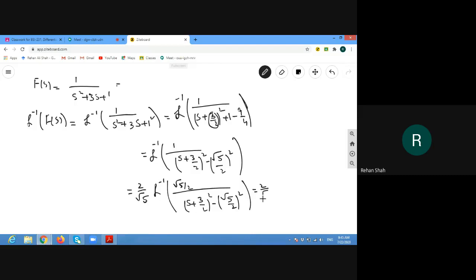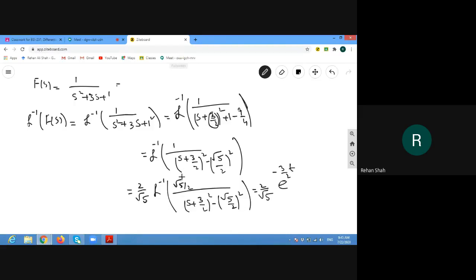So 2 by square root 5, what is the formula of this e power minus 3/2 t? ये किसका है, साइन का है या कॉस का, हाइपरबोलिक का है ना. जब s माइनस a स्क्वायर आप देख लें, so this is the hyperbolic formula.